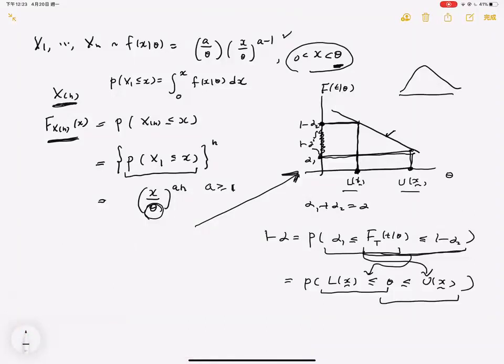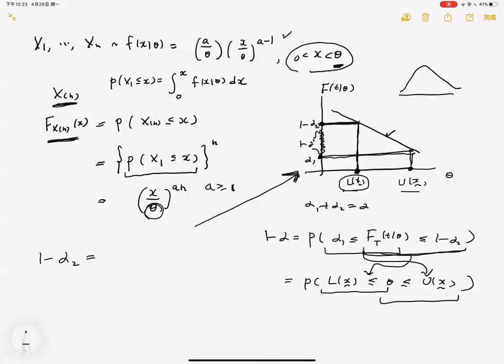Again, we are trying to use the upper bound of the quantile of the CDF to find the lower bound of the theta right here, which means that this CDF right here is 1 minus alpha 2, right?